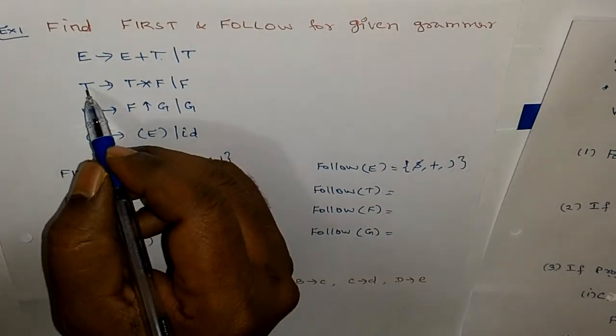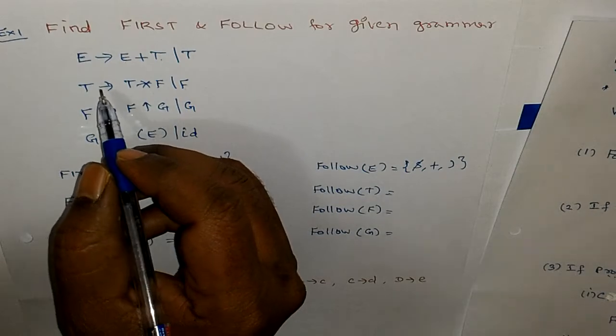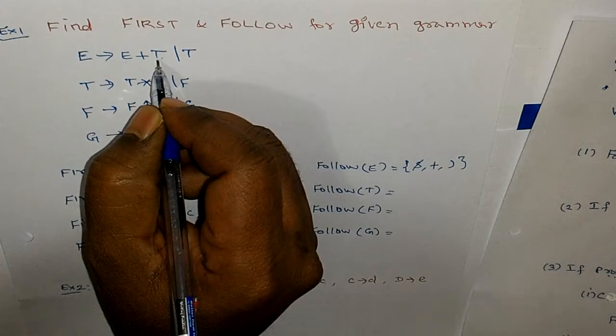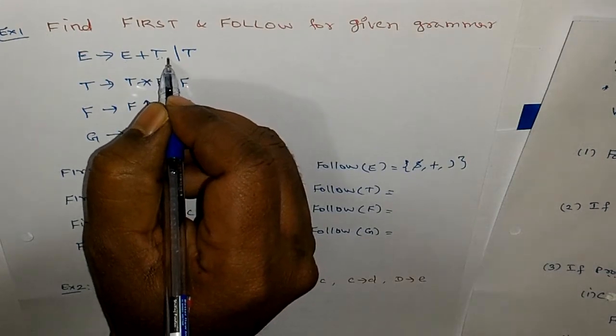Then follow of T, so we have to check where T is available. T is available here, and in this production, E plus T, after T nothing is there.